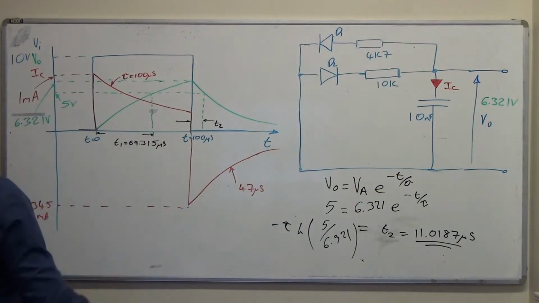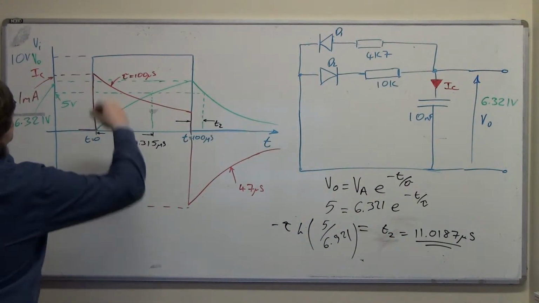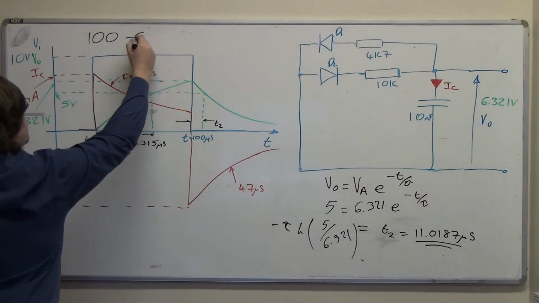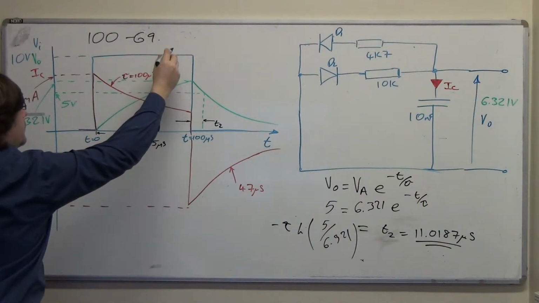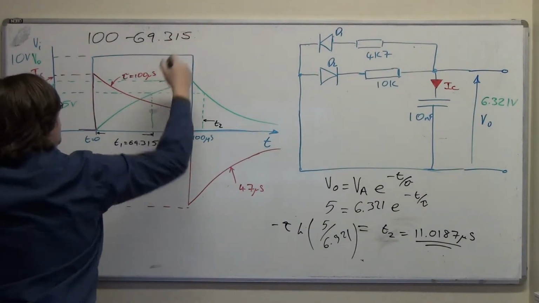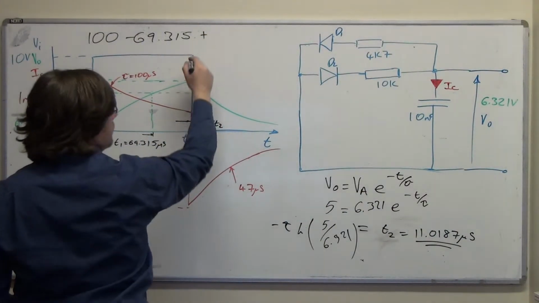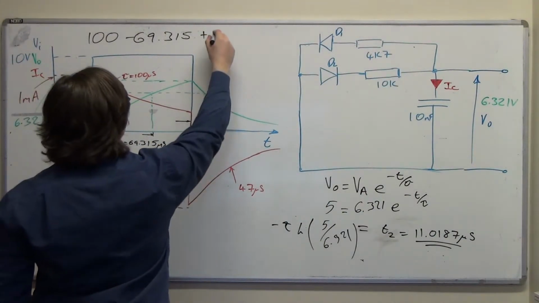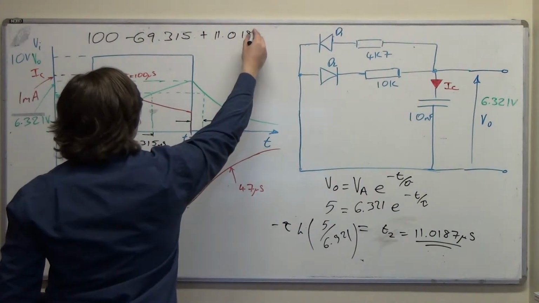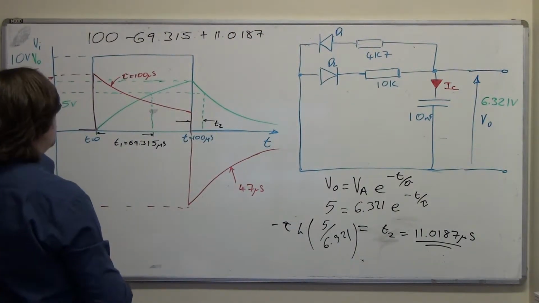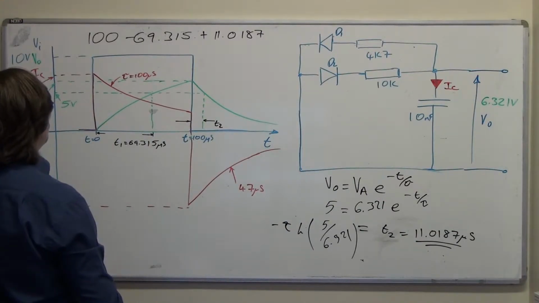To work out the total output pulse width, we've got 100 minus 69.315, from the time it takes to get to 5 volts, plus 11.0187, the time it takes to drop to 5 volts after the input pulse is finished.